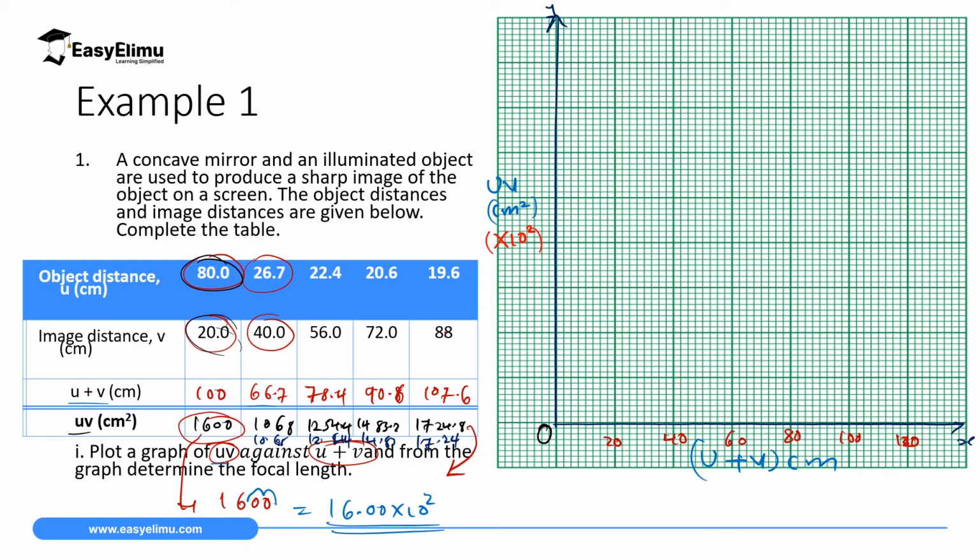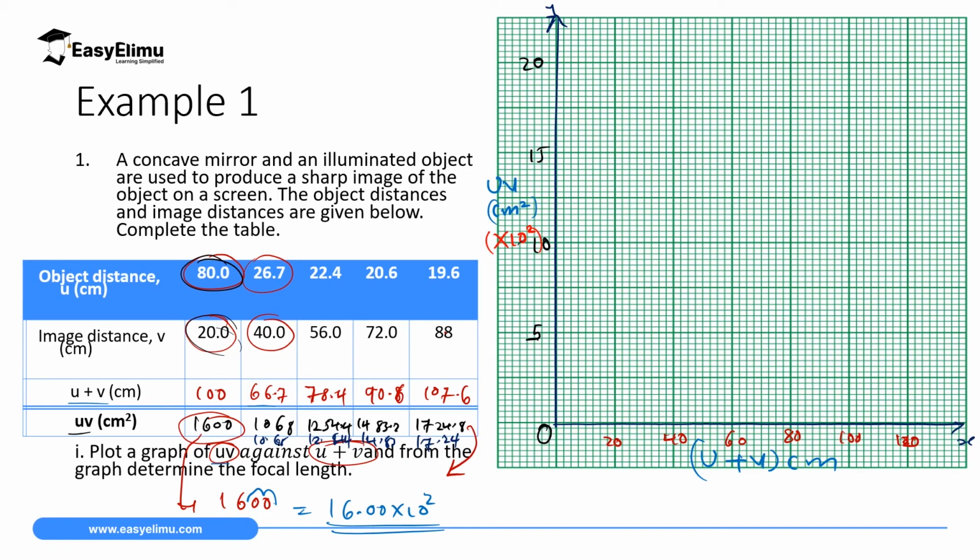So now, we give a scale of this is 5, this is 10, this is 15, and then this is 20. And now, if we plot these values, it is easier to plot them. Then if we read 5, it will be 5 times 10 raised to power 2. If we read 15, it's 15 times 10 raised to power positive 2.